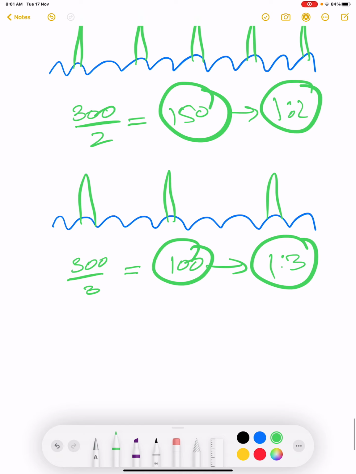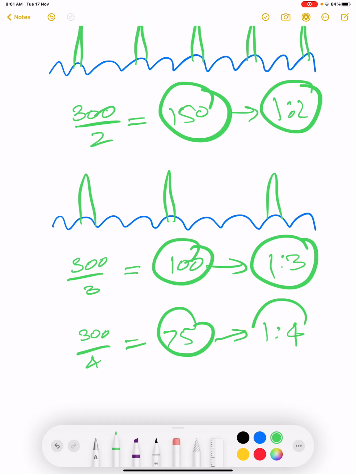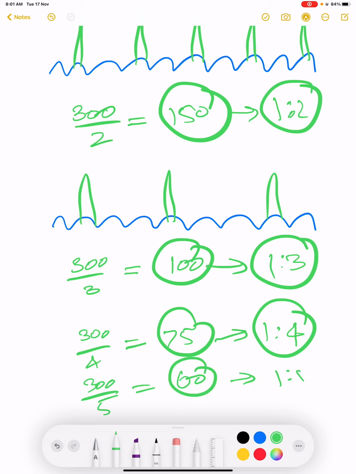And similarly, if it is 300 divided by 4, it will be 75 and it will be 1 to 4 block. And we can calculate further as much as we want. So when the AV nodal block increases, our rate will decrease and our ratio will also increase.